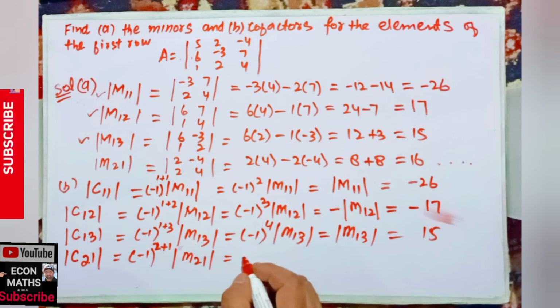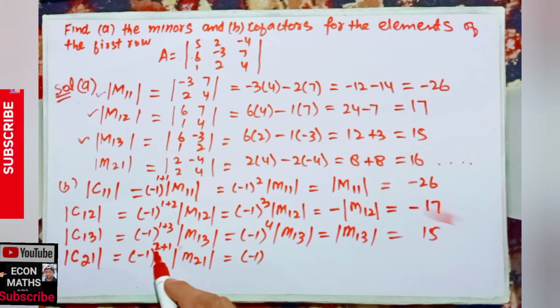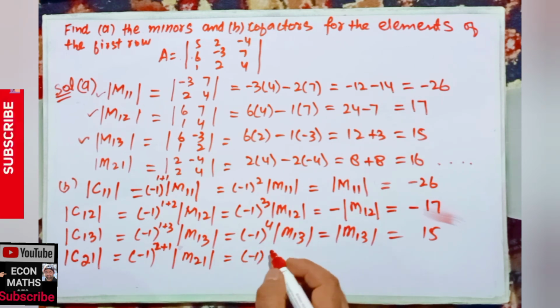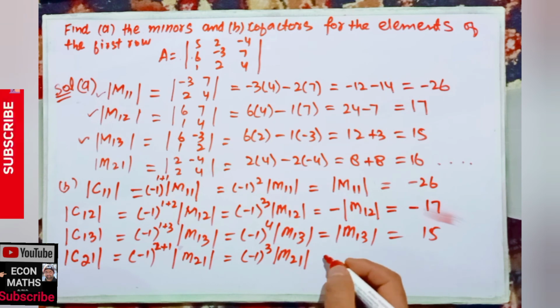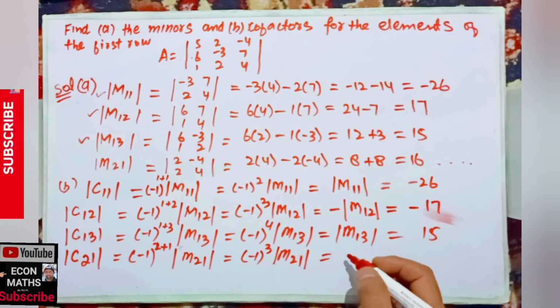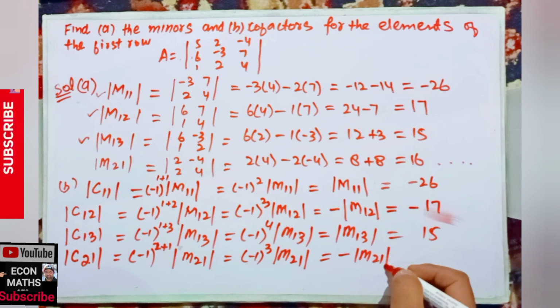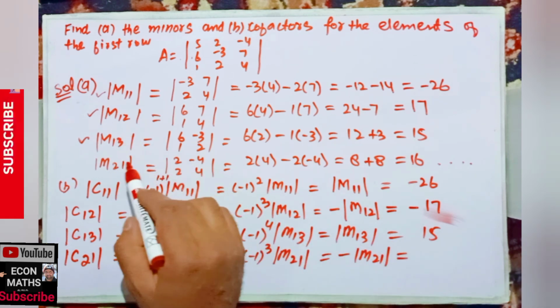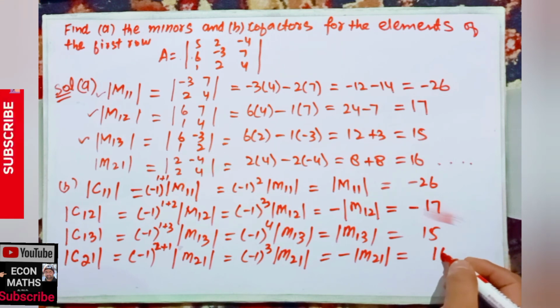Now this is minus 1 raised to the power 3, and multiplying it with the corresponding minor M21. Now minus 1 raised to an odd power is minus, so this is minus M21. Now our M21 was 16. The sign here is minus, so this is minus 16.